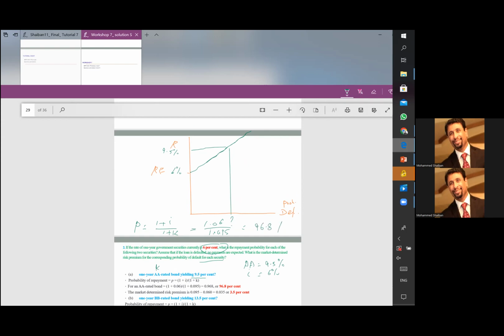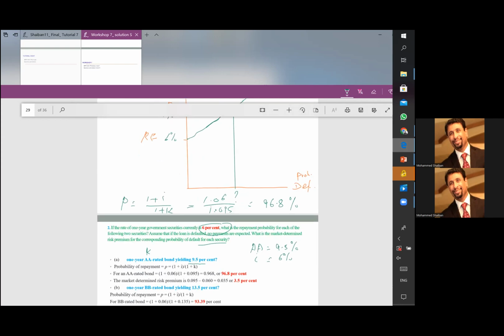96.8%, which means this AAA company or customer, when they give me 9.5% for their bonds they are issuing, I'm expecting 3.5%. I'm expecting for 96.8%.